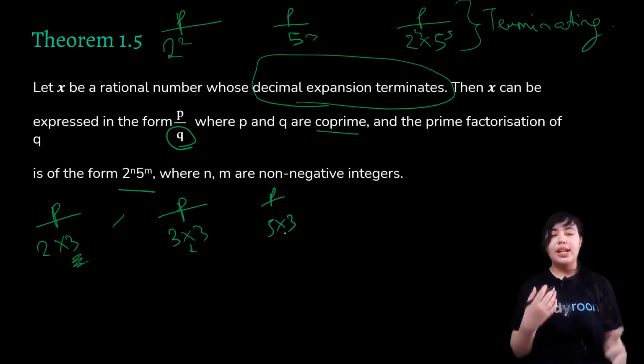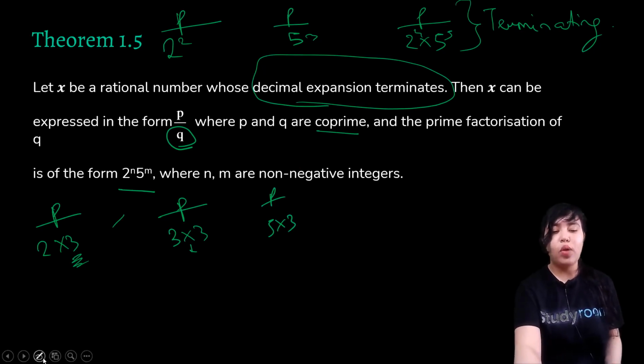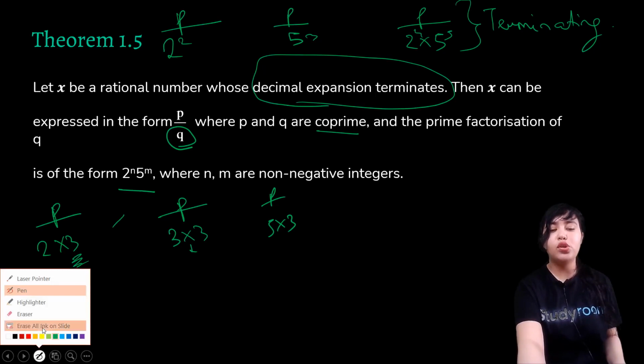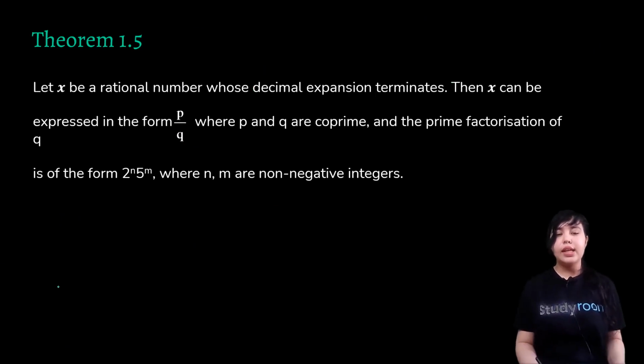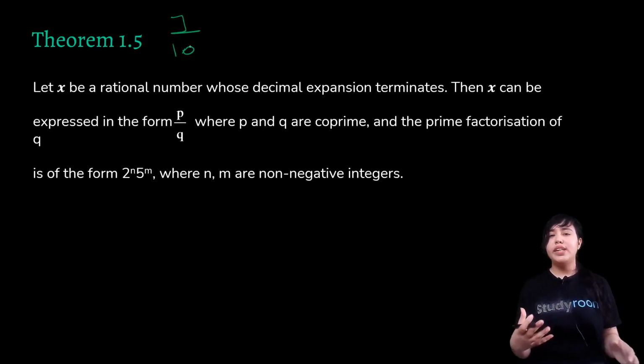Now I will explain with some examples why it is so important to have 2 and 5 in the denominator. As a general rule, if I'm given, say, 7 by 10, if my denominator is 10, or a multiple of 10, it's very easy and convenient to write it in the form of a decimal. In this case, it becomes 0.7.